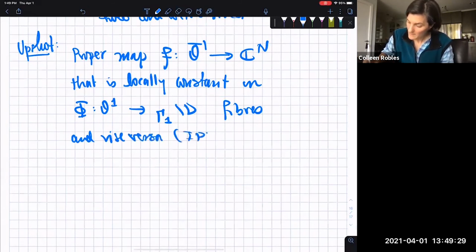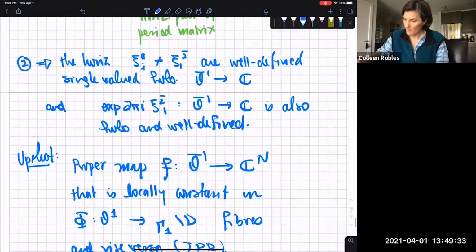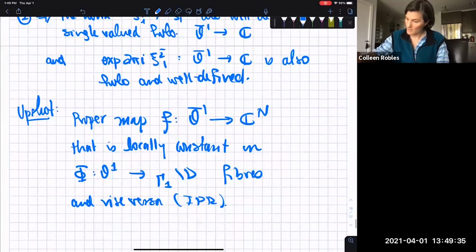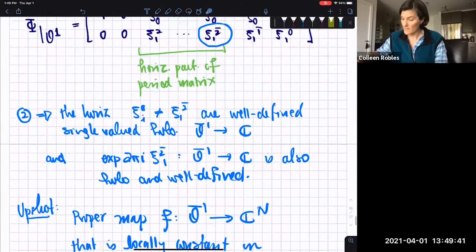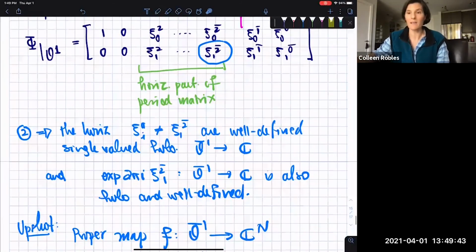And again, because of the infinitesimal period relation. Okay. So for this statement here, locally constant and vice versa, all I need to do is have control over the horizontal part of the period matrix, and F is exactly control over the horizontal part of the period matrix.